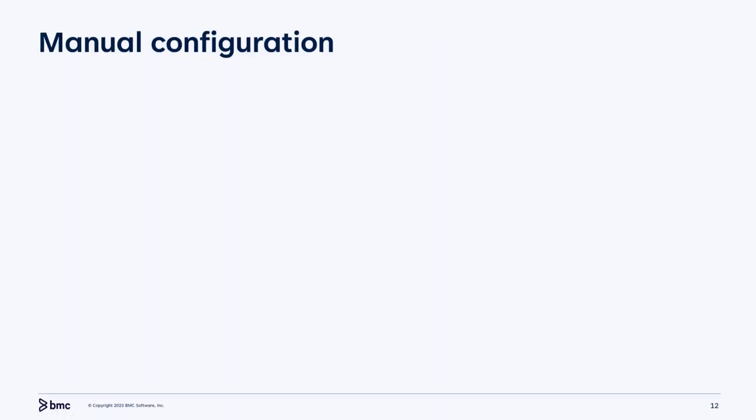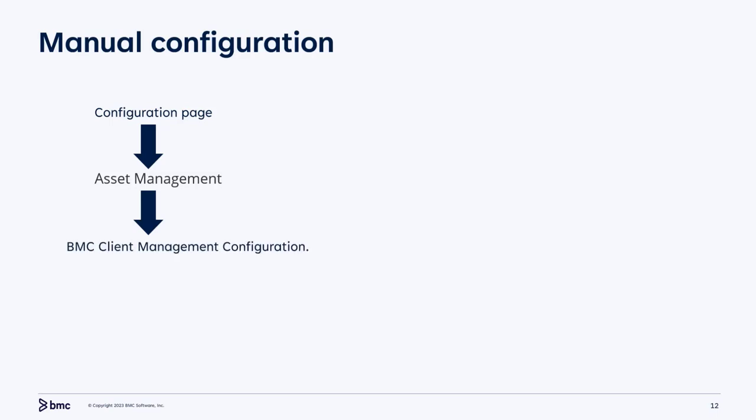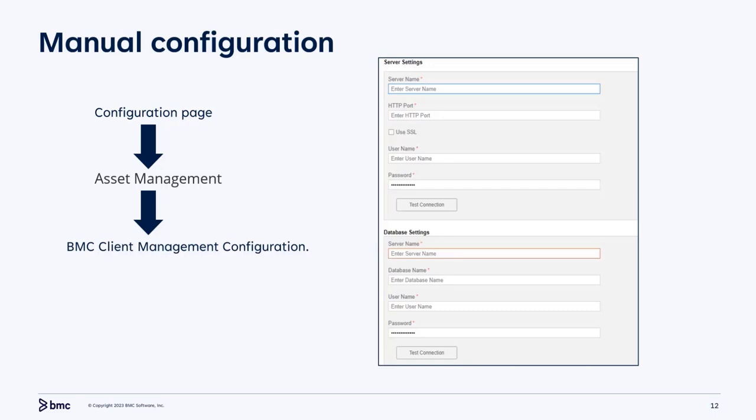To manually configure the setting in Trackit, log in to Trackit console, go to Configuration, Asset Management, and BMC Client Management configuration. To establish a connection between Trackit and BCM, you will need to ensure the settings are configured.